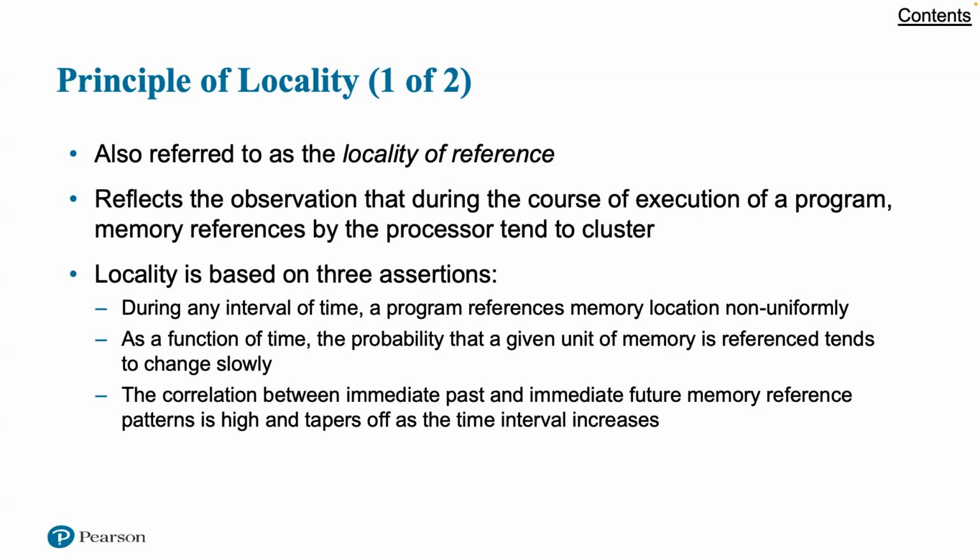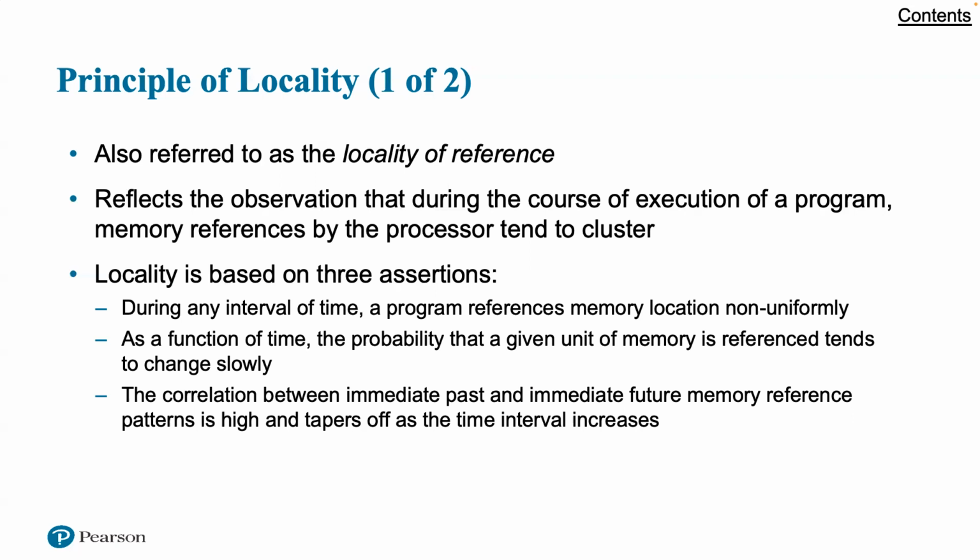Locality is based on three assertions. One, during an interval of time, a program references memory locations non-uniformly. That is, some units of memory are more likely to be accessed than others. We've already referred to that a little bit. Number two, as a function of time, the probability that a given unit of memory is referenced tends to change slowly.